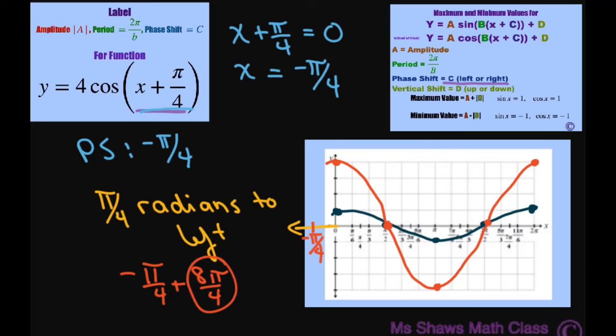This equals 2 pi. That means 7 pi divided by 4. So basically, if you were to graph this, you would start normally. You're starting here, but you're ending at 7 pi divided by 4. Right here. So everything's getting moved over by pi divided by 4.